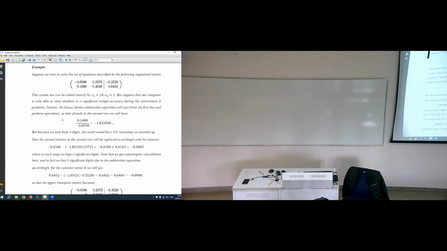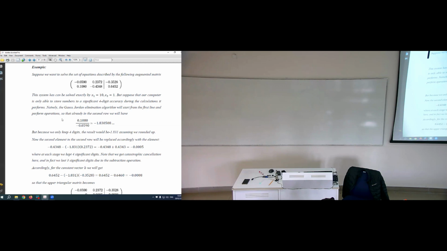And here the 0.6452 will be now this minus the coefficient that we multiply the row by, times the corresponding element in the first row. And we'll get also some cancellation between the two numbers. They are close to each other.